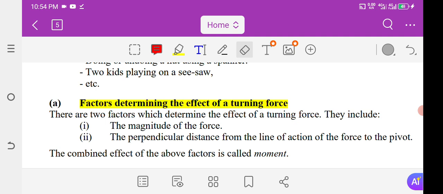Principally, there are two factors that determine the turning effect of a turning force.